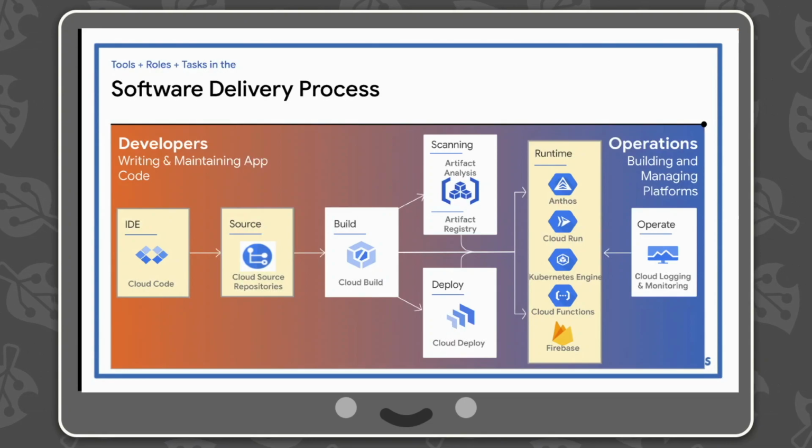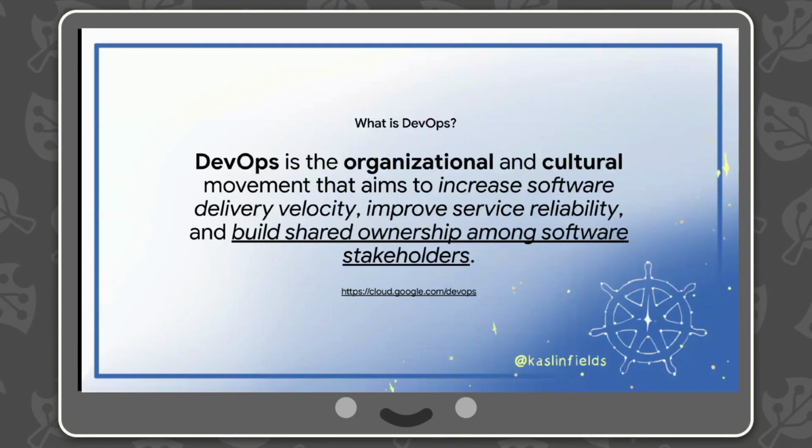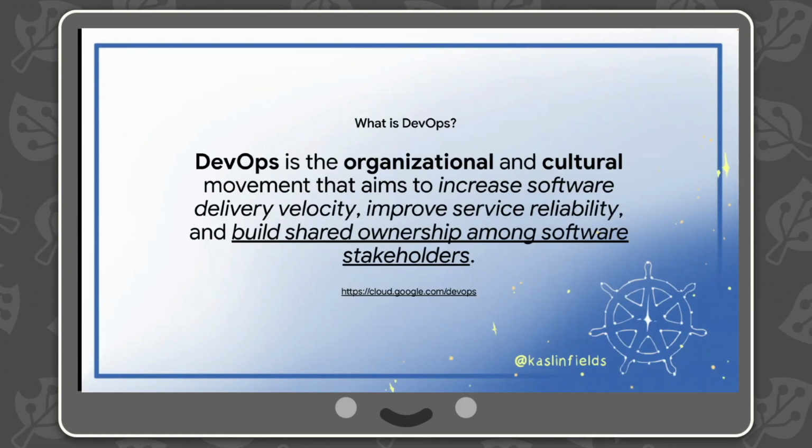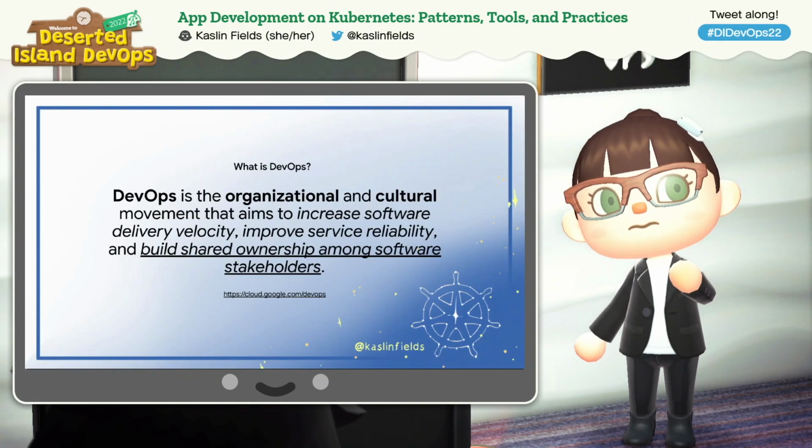But understanding this, of course, brings us to DevOps. So what is DevOps? I used this definition from Google Cloud's definition of DevOps because I think it illustrates this really nicely. It says that DevOps is the organizational and cultural movement, so that means that it affects how your roles relate to the ownership of tasks that need doing, and it aims to increase software delivery velocity.